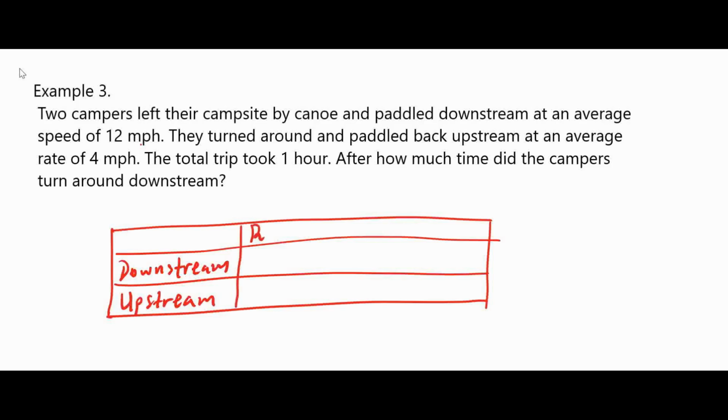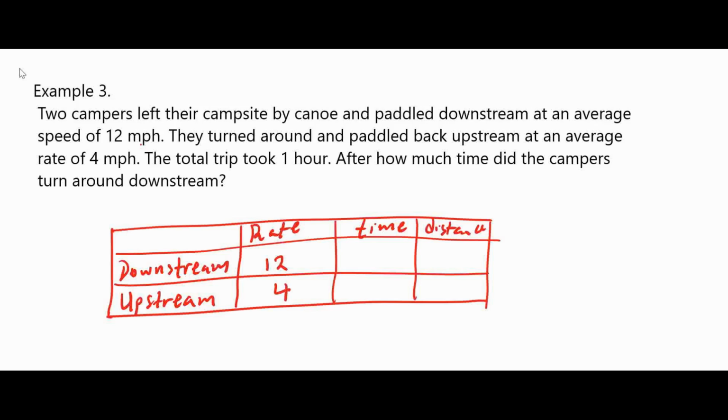Now the rate, the time, and then the distance. All right. Paddling downstream at the rate of 12 miles per hour, and then upstream 4 miles per hour.